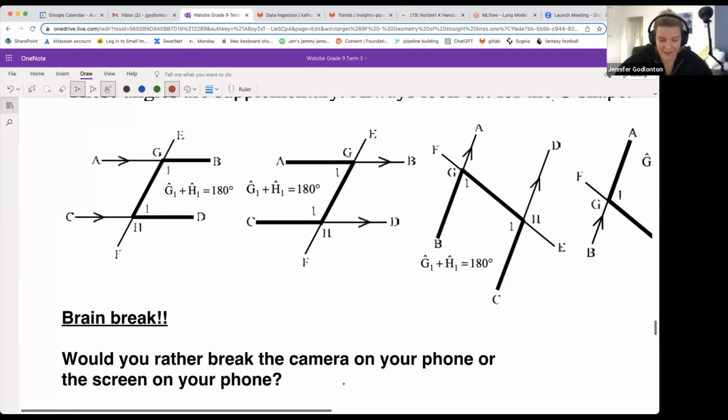Okay, what's your reason for that? Ma'am, because if I break my screen, ma'am, it is going to be ruined. But I don't even care about the camera. Okay, fair enough. Fair enough. You need your screen. Sure. It seems like generally lots of people are saying camera.